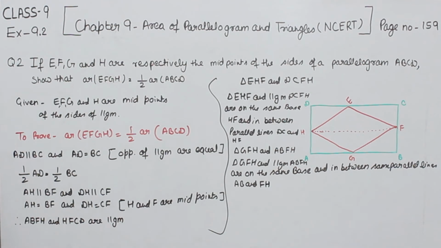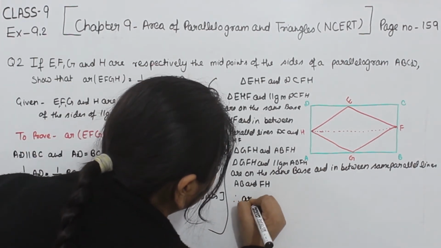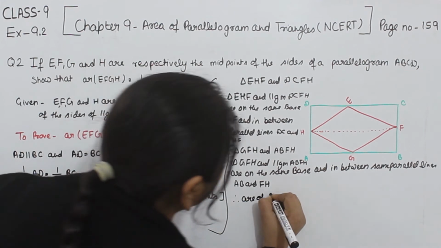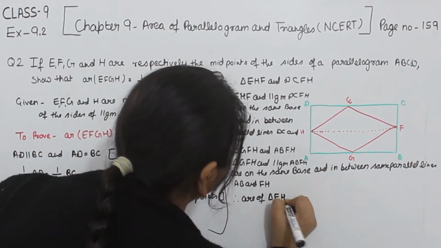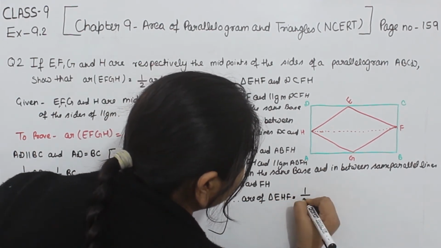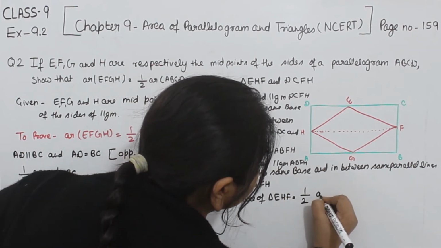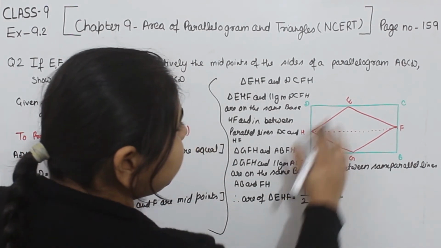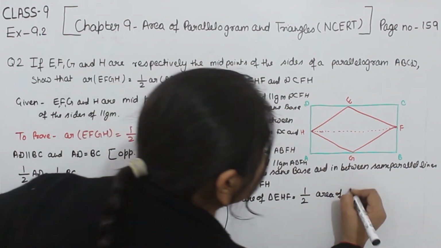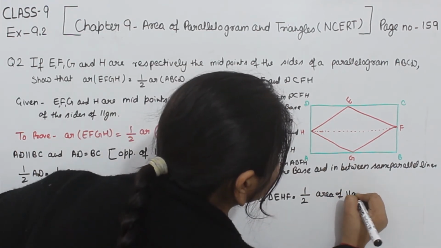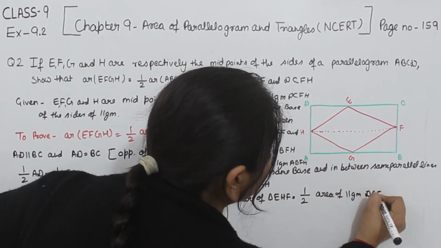Now we know the relationship between the parallelogram and the triangle. So we are going to write here: area of triangle EHF is equal to half of the area of parallelogram DCFH.